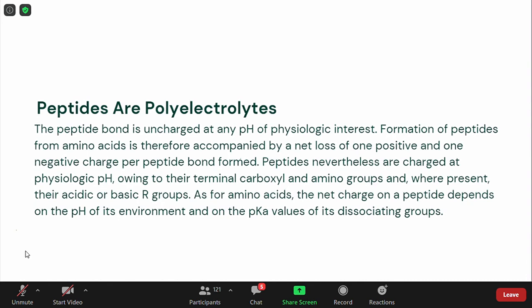Peptides are polyelectrolytes. Okay. Polyelectrolytes. What do we mean by that? What is an electrolyte?